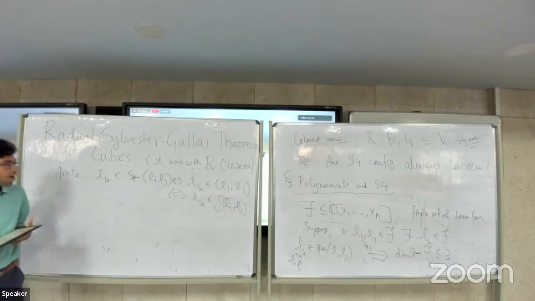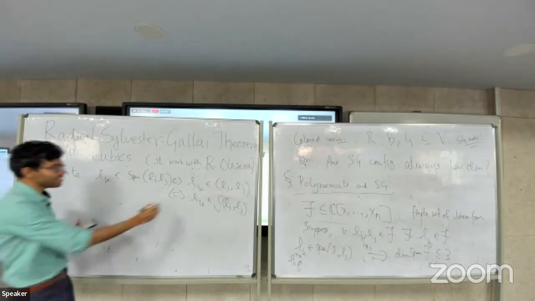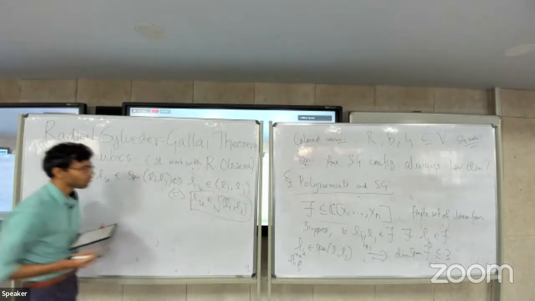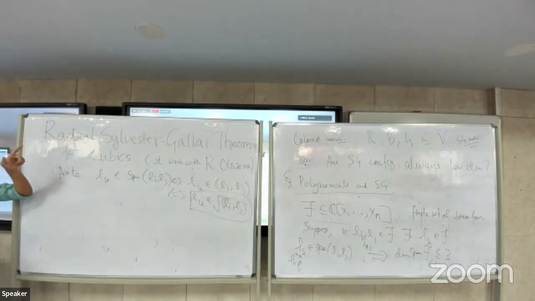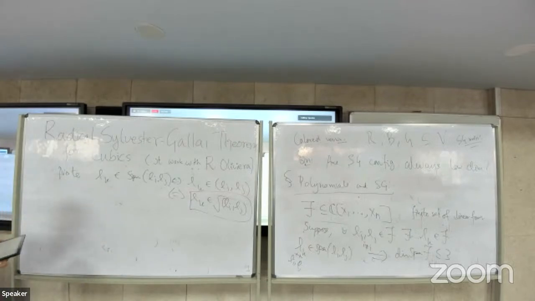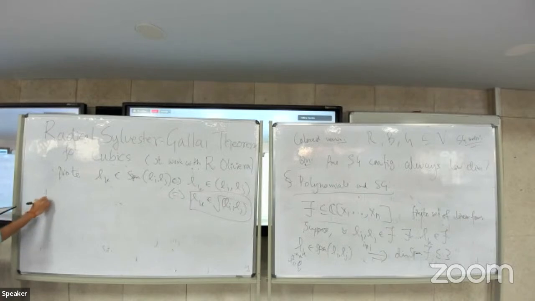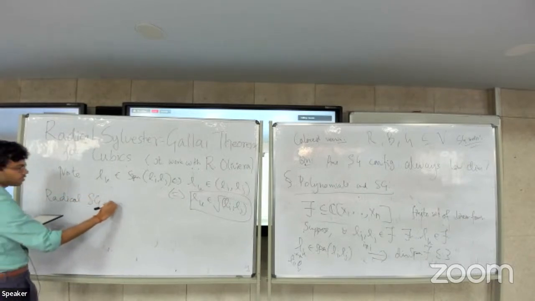It's the prime ideal. This is the condition we want to look at. That's why it's called a radical Sylvester-Gallai configuration. Let me define what a radical SG configuration is, and then what the main conjecture is.